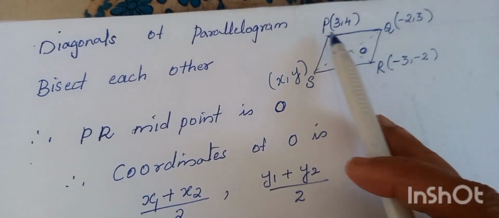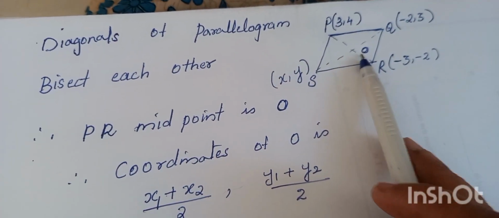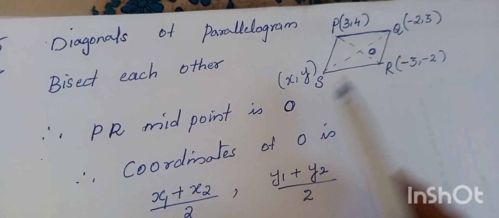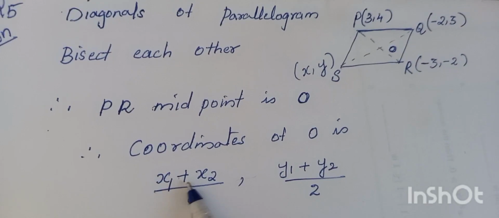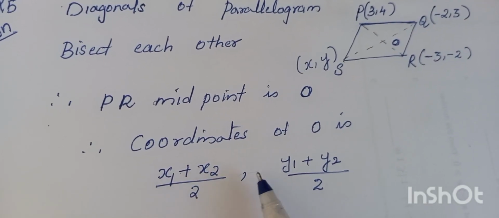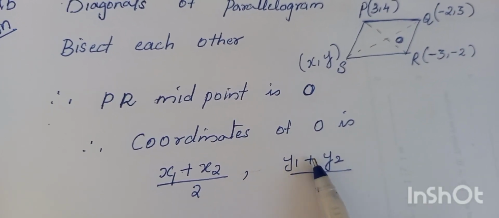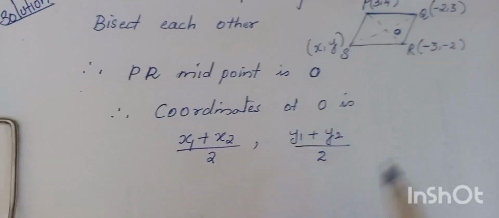So midpoint of PR is O. So coordinates of O is x1 plus x2 by 2 and y1 plus y2 by 2 we can write.